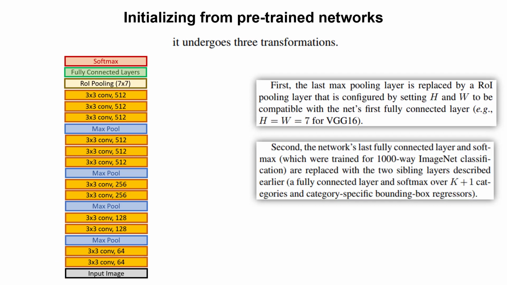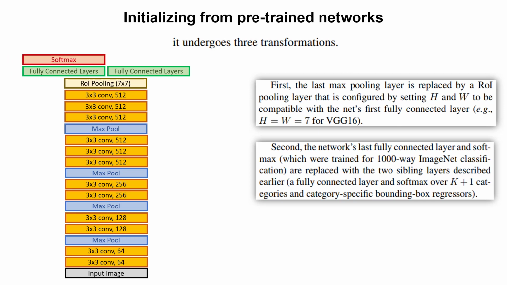The second modification is that currently our VGG is only useful for classification because of the classifier at the top. So we remove it and instead we use 2 fully connected layers, one for classification using softmax and the other for bounding box regression using L1 loss, which is not exactly L1 and we will see it later.